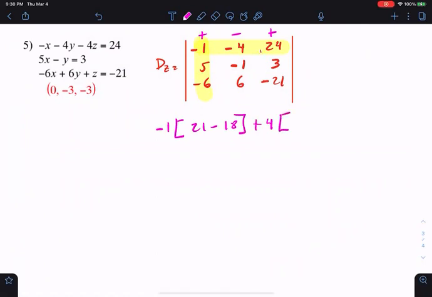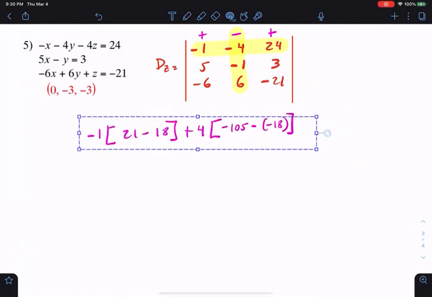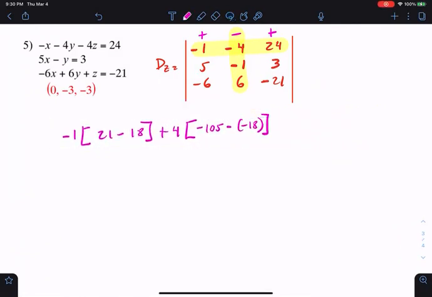And I need to do this, right? So I need to do now this thing this way. So this is +4, and then this is -105, and this is -18, minus 18. Have to be careful when you're doing this calculation. Yeah, minus 18, yeah. And then this is +24, so I'm gonna move this because I don't have room. So +24, and this is times.